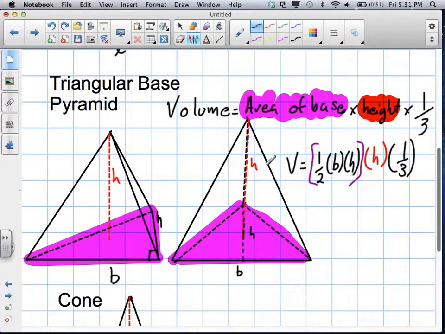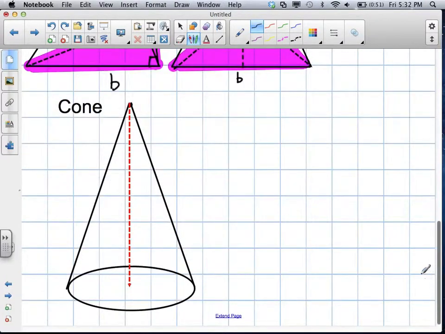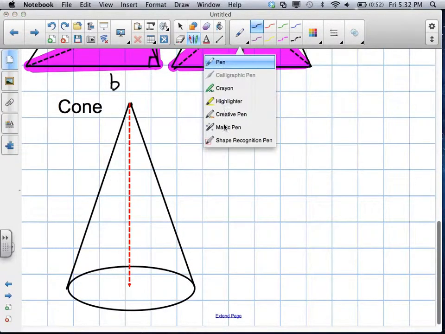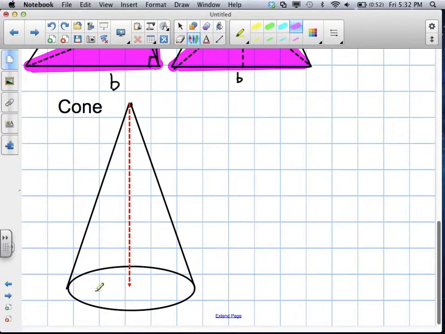We got to remember the areas of certain objects. So these are the bases times the height, and times 1/2 would be the area of a triangle, times the height of this object times 1/3. Does that idea kind of make sense? Mm-hmm. Okay. And finally, a cone. What shape is the base of this object? Circle. A circle, that's right. So we're going to just highlight the circle at the bottom here.